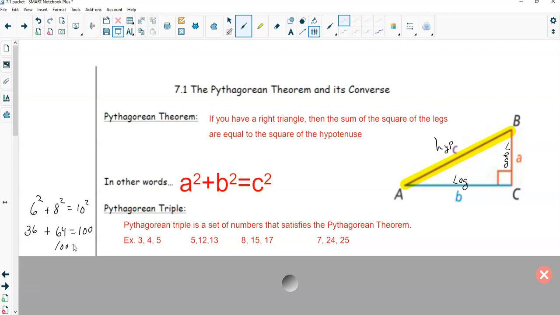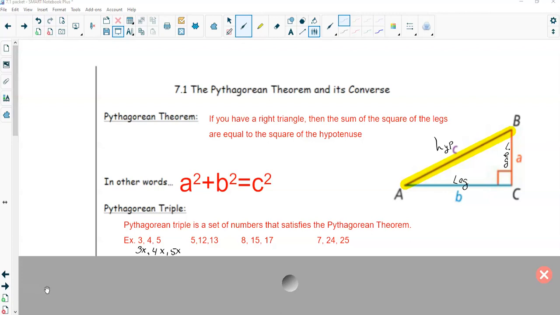So as long as you multiply all three numbers by the same factor, you are going to get another Pythagorean triple. That is good to know. So if you have 3x, 4x, and 5x, where x is a factor, this is also a Pythagorean triple. So understand that part.